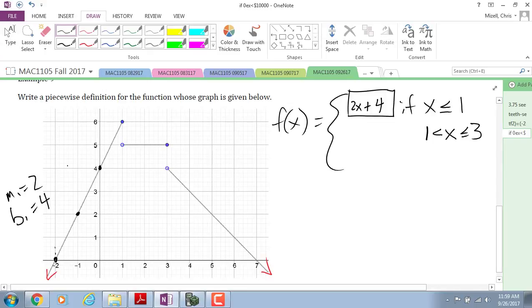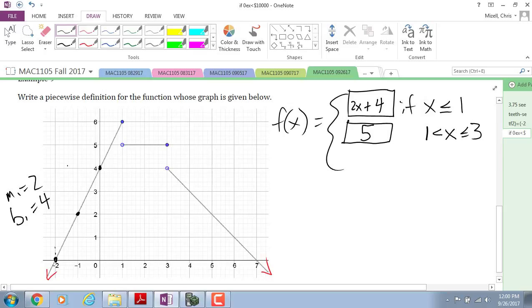So we have the or equal to bar at 3 and the strict inequality at 1. That's an easy one. It's a horizontal line segment there, so it's constantly equal to 5 all the way throughout there. So that's all we need. If we're going to evaluate this function anywhere between 1 and 3, including 3 but not including 1, it's going to equal 5.